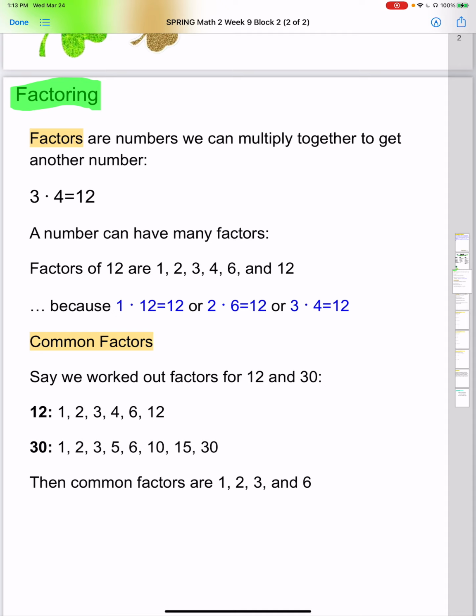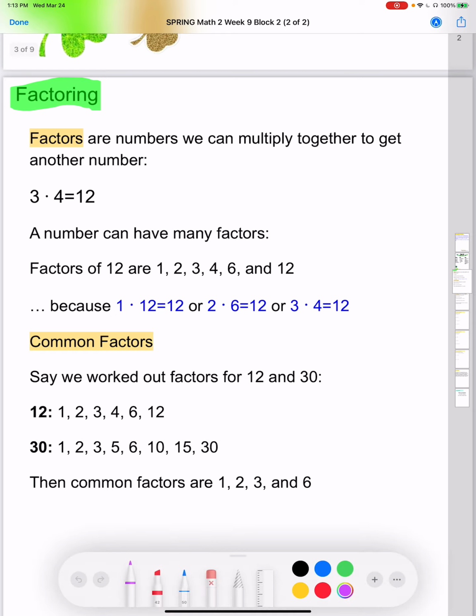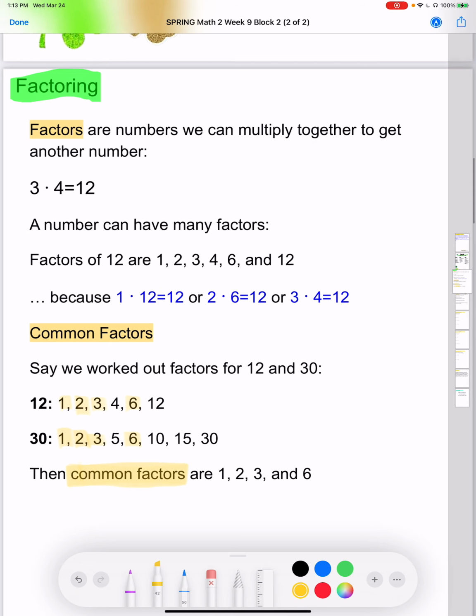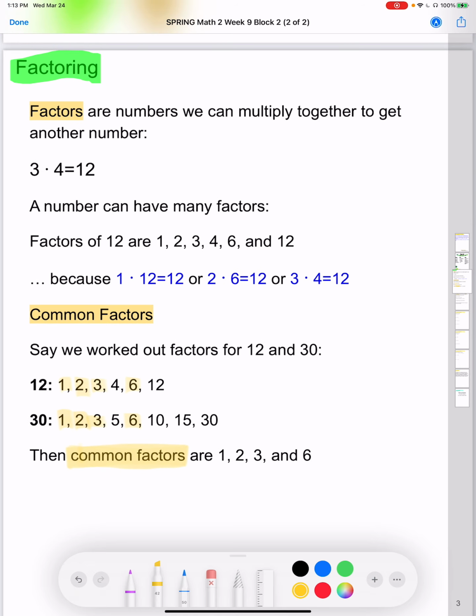The common factors are 1, 2, 3, and 6, because those are the ones that you see in each list. So you see 1 in both, 2 in both, 3 in both, and 6 in both. That's why those would be common factors. So go ahead and pause the video and copy this page down. All right, let's go ahead and continue.